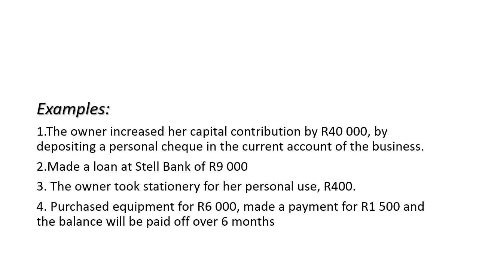Number two, made a loan at Cell Bank of 9,000. Okay, the owner made a loan and the accounts that are involved here are bank and loan. The bank is an asset and the bank has increased because we have acquired cash from the Cell Bank. So the bank will have plus 9,000 and we will debit the bank.